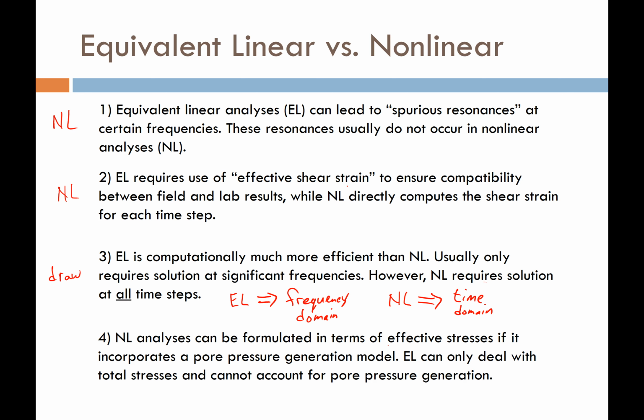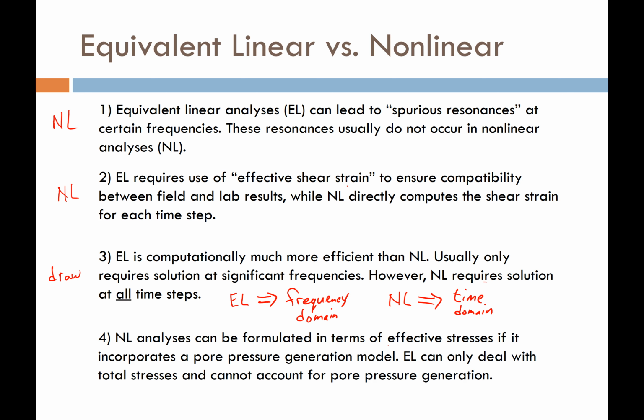Equivalent linear analysis cannot account for pore pressure generation, the development of liquefaction, and severe softening of liquefiable soils, or say like quick clays, or the failure of quick clays from earthquake motions. It just can't do it. There's no mechanism in there to account for the generation of pore pressures and a drop in effective stress.